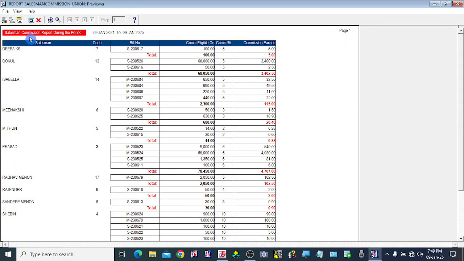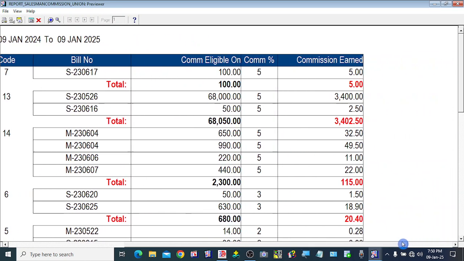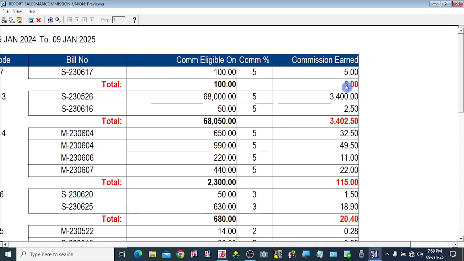Here we can see the date range 9th January 2024 to 9th January 2025. These are the various salesmen, each salesman's ID, and how much commission was earned. The top first salesperson is Deba. Deba has earned only 5 rupees during the date range.